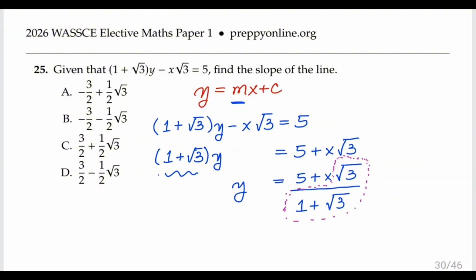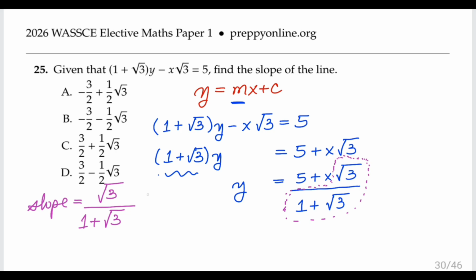And that gives us a hint that we should rationalize the denominator of that surd. So right now, from this, we are contending that the slope is the square root of 3 over 1 plus the square root of 3. That's the coefficient of x.